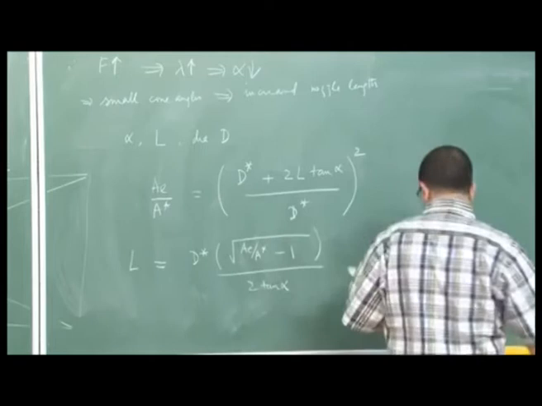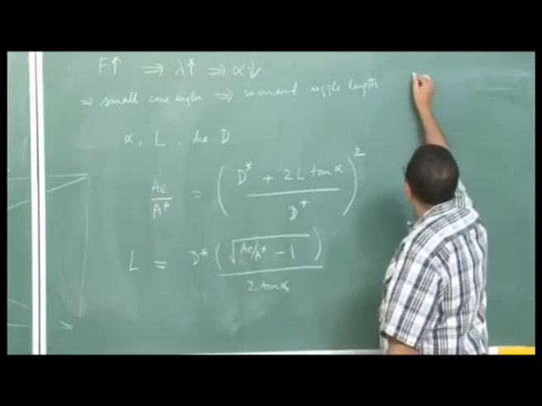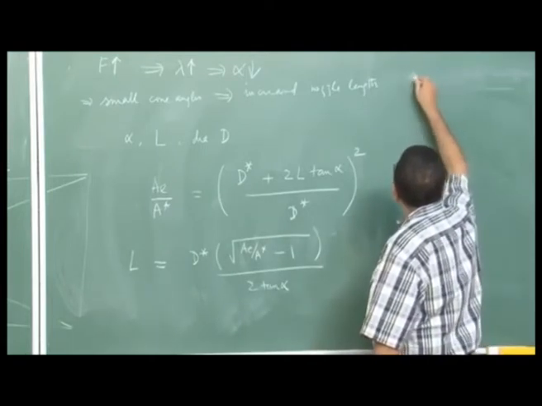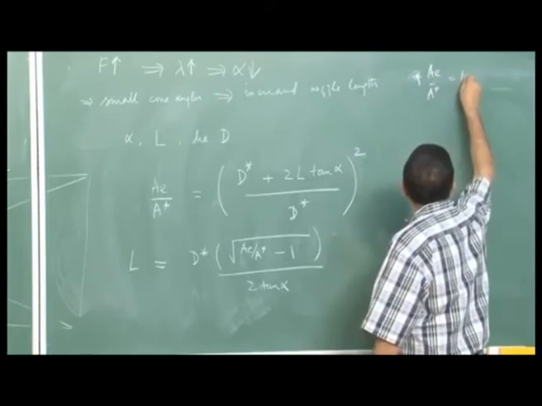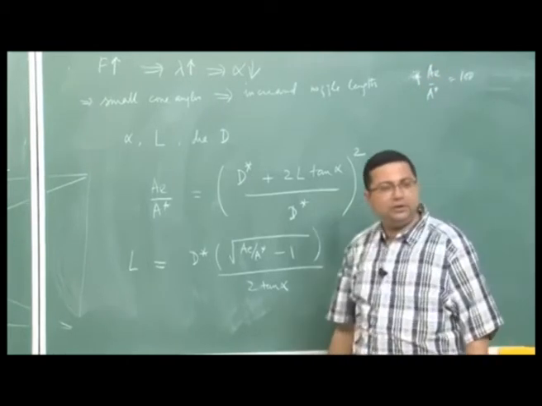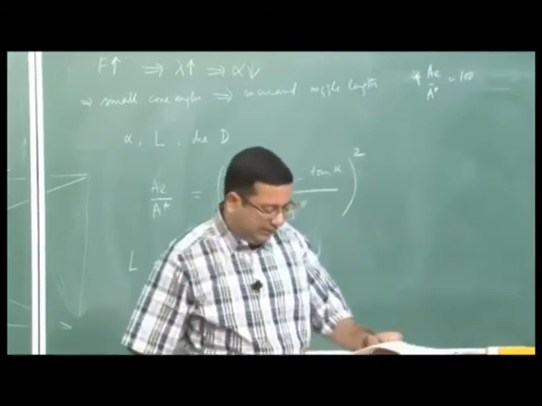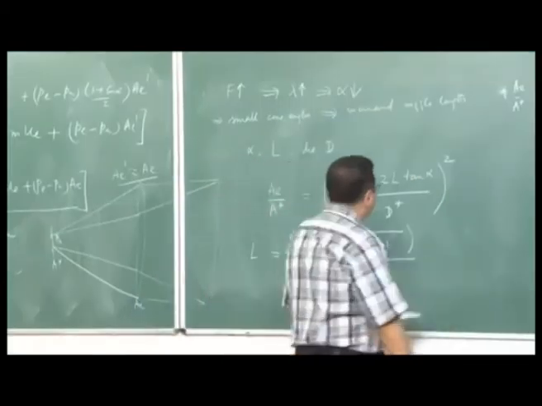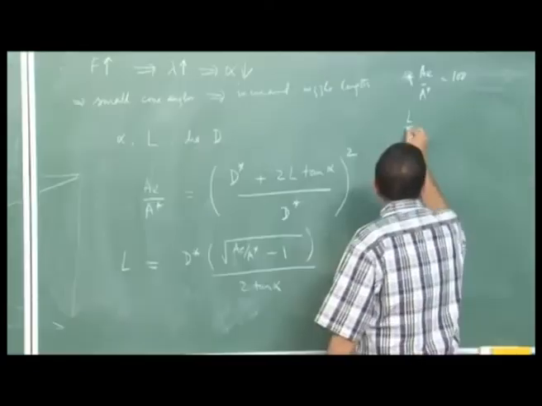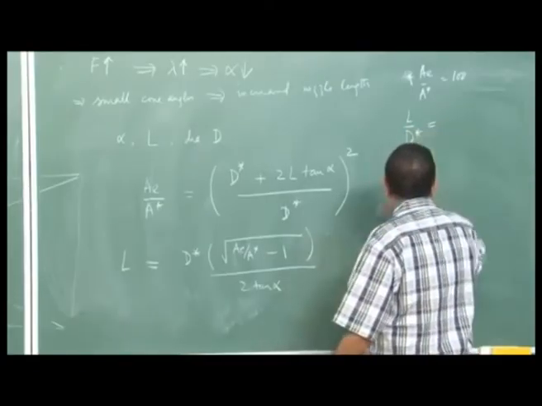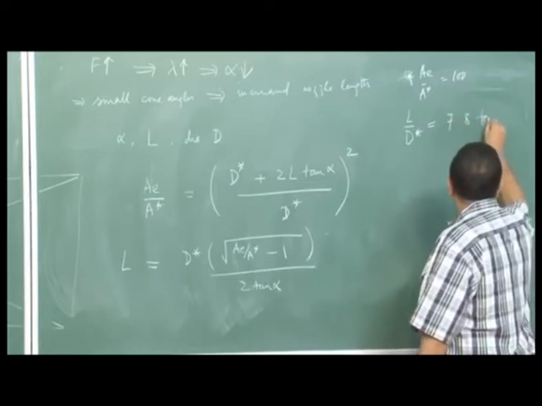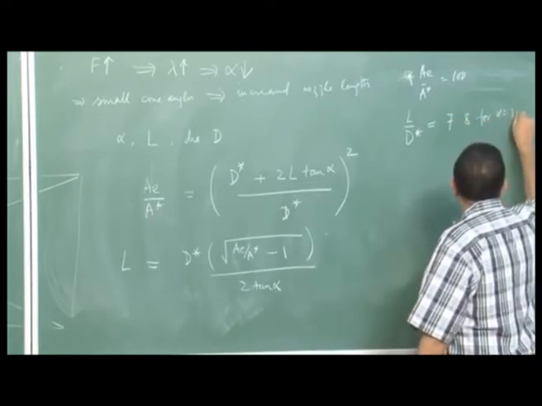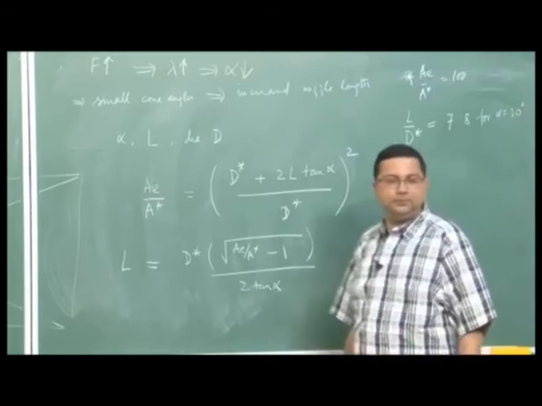Let us look at an example. If we want to maintain A_E by A star equal to 100, which is a typical value for rockets, let us say that L by D star is 7.8 for alpha equal to 30 degrees.